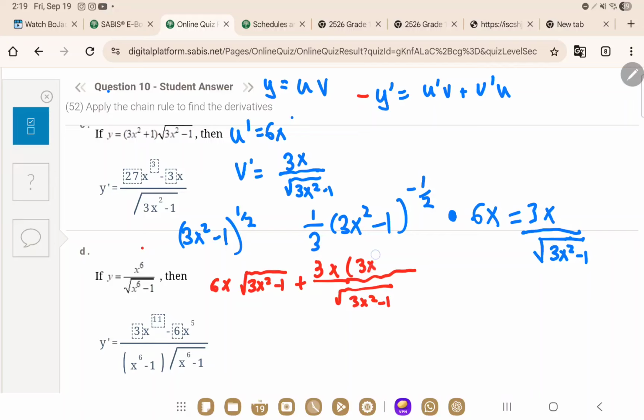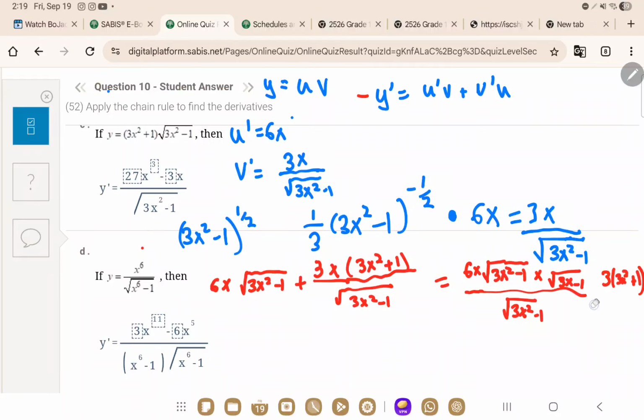Now we multiply to make them equal denominators, so it's equal to 6x times radical 3x squared minus 1 times radical 3x squared minus 1 again, all over radical 3x squared minus 1, plus 3x times 3x squared plus 1 over the same denominator.